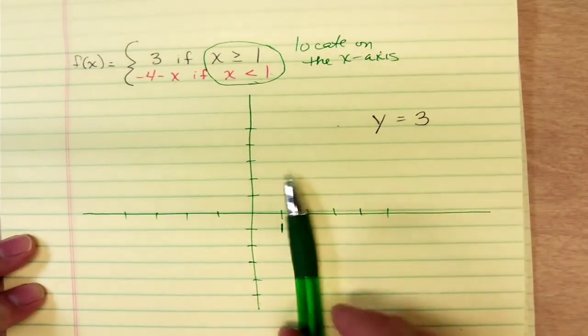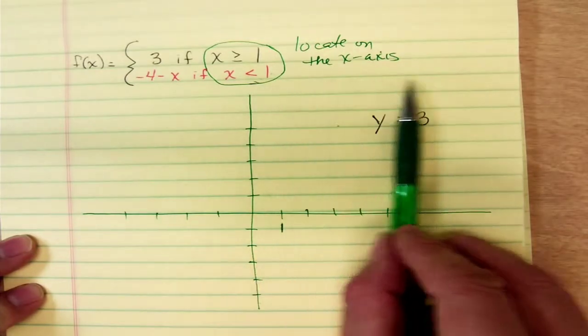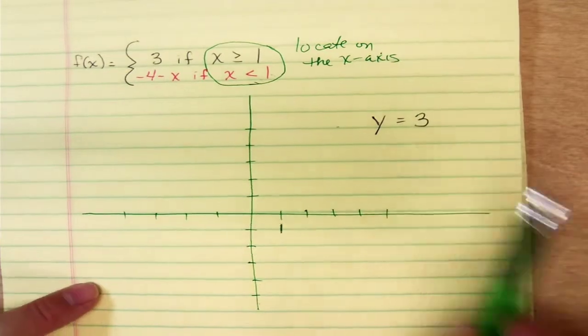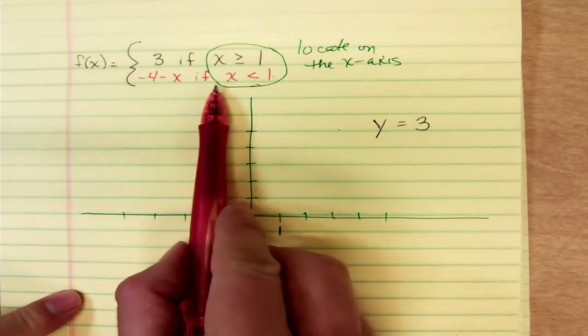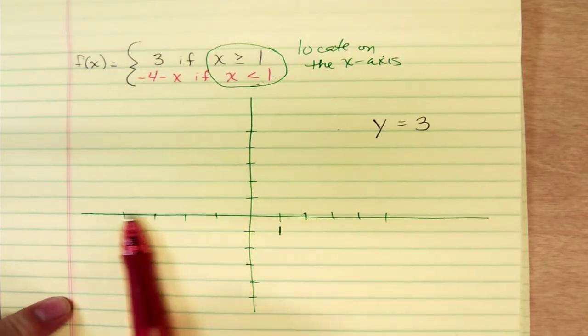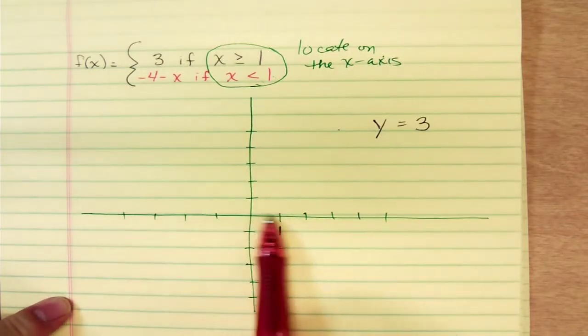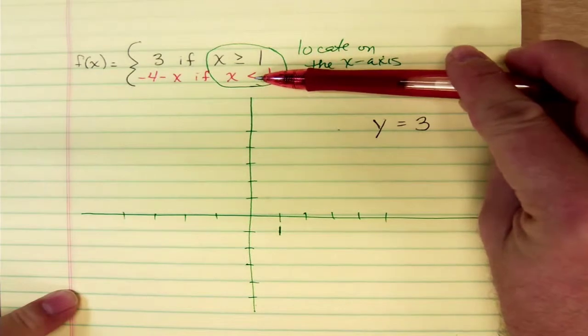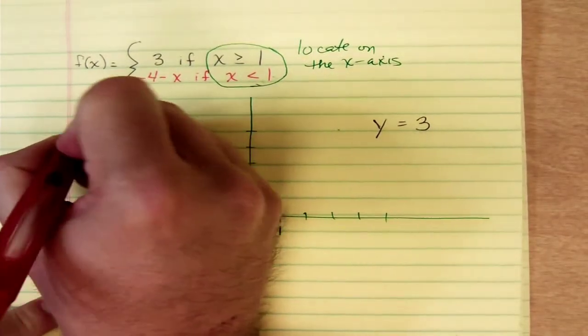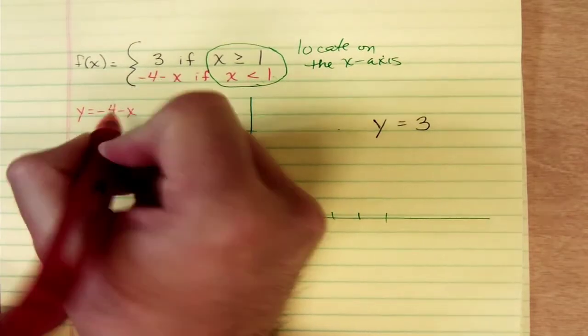So this black rule is going to be to the right of 1. Notice how the symbol's pointing, okay? And the red rule, the negative 4 minus x, is for x values less than 1. That would certainly be to the left of 1. Notice how the symbol's pointing that way. So y equals negative 4 minus x.